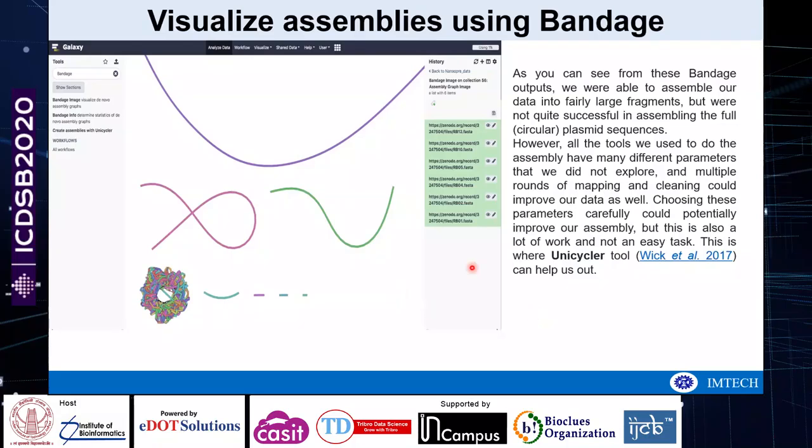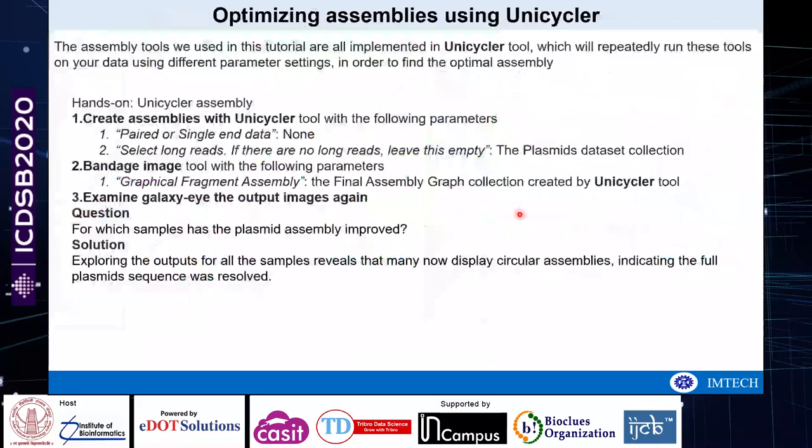This particular problem can be overcome by using the Unicycler tool, which is basically a refinement tool. The assembly tools we used in this tutorial are all implemented in Unicycler, because for assembly there are several tools like SPAdes, and multiple others they use.